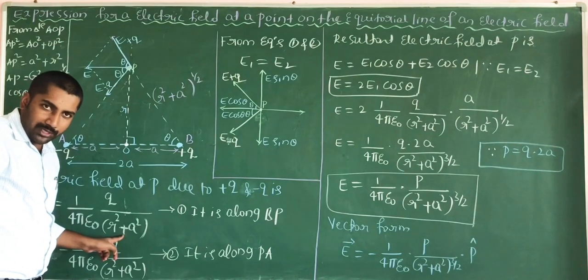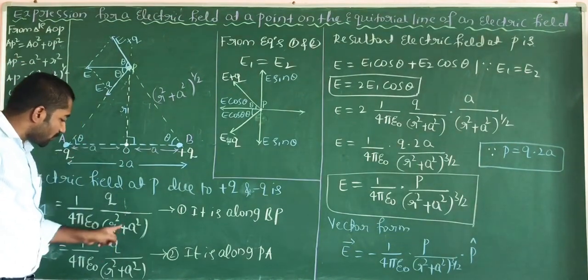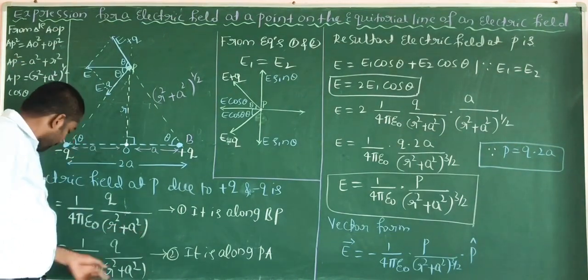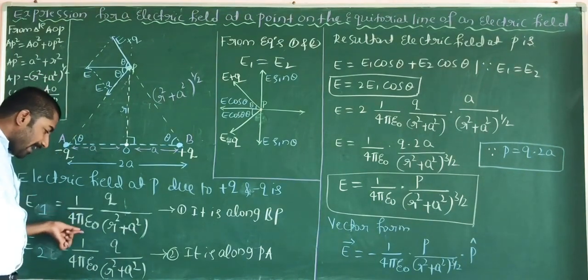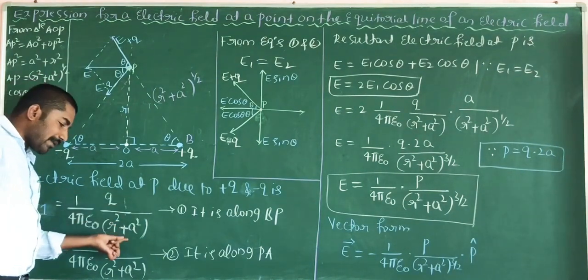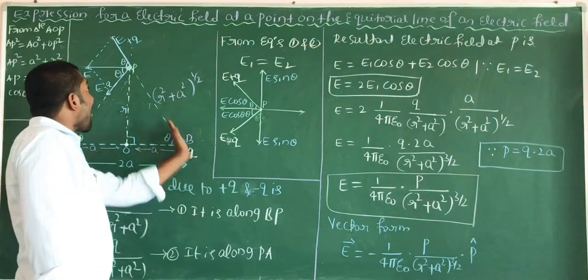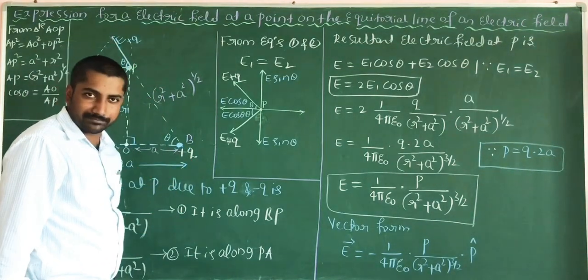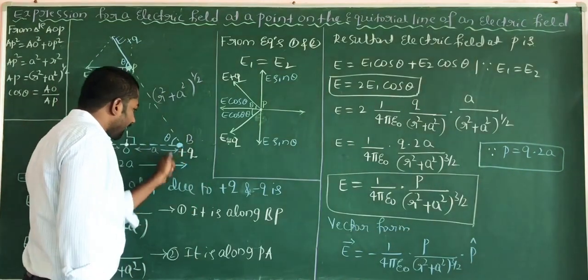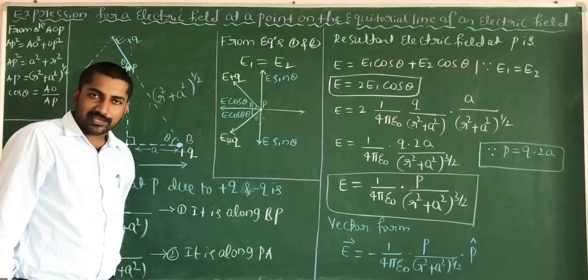So E1 is equal to 1 divided by 4 pi epsilon naught Q divided by r square plus a square. This is equation number 1. This acts along BP, the radially outward electric field due to this positive charge.